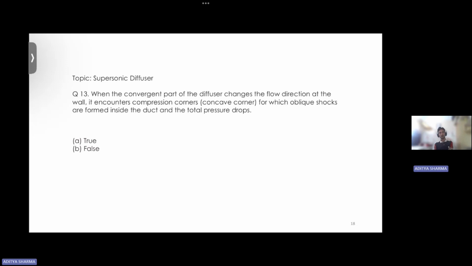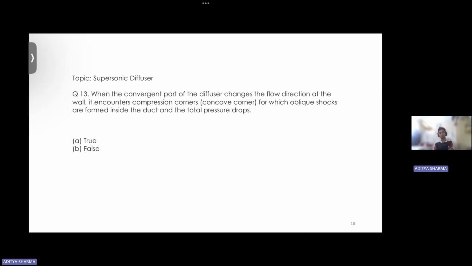And later, downstream of the supersonic diffuser, we terminate this whole process by a very weak normal shock, right? Because, as I have discussed, we don't want the total pressure losses to be too high.